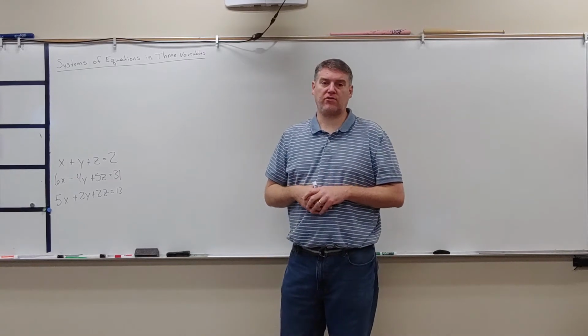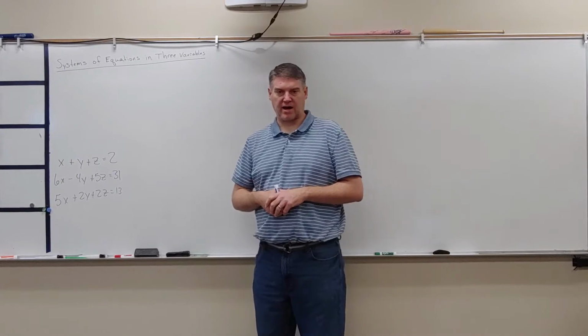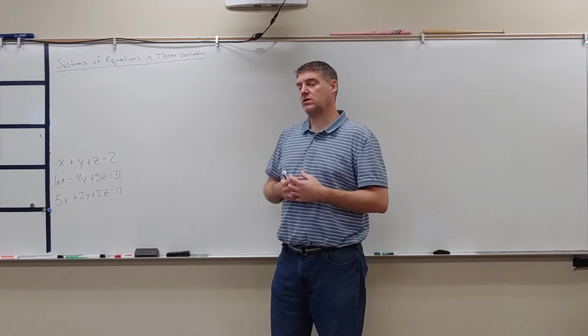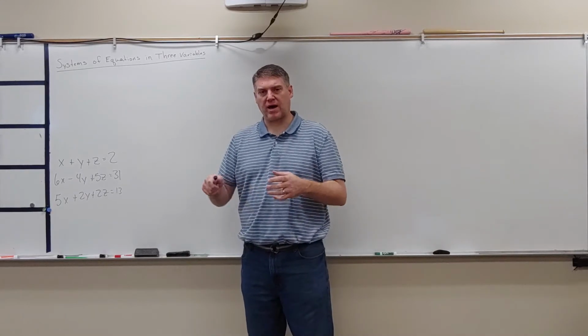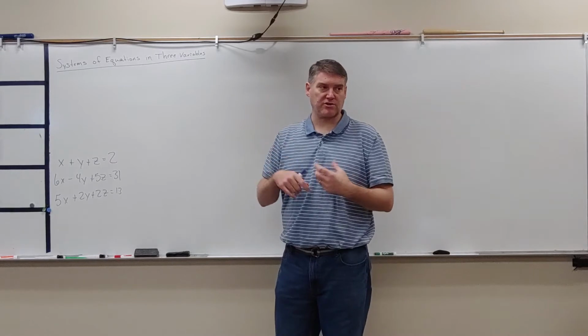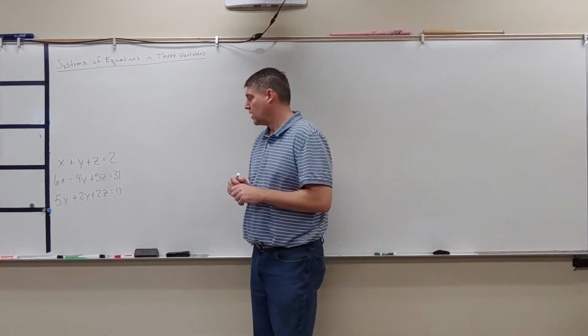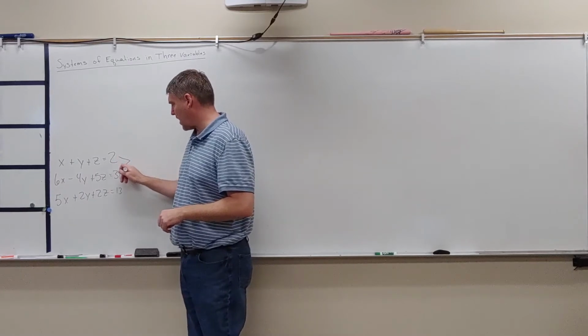Now I need to pick a variable to eliminate in these equations here. A lot of times you're just going to have to pick one equation and combine it with the other 2 equations. For example, I'm going to eliminate my y first.